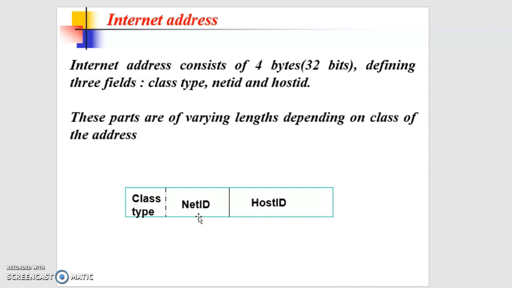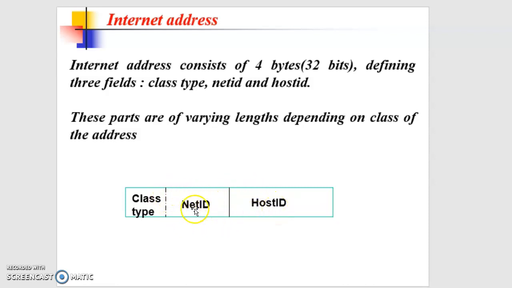So you have different networks which are required to be connected. Each network has a network ID, and then in that particular network you have different hosts attached, right? So in your 32-bit address you have one net ID which identifies which network it is. Then when your packet reaches that particular network, you can identify your host.